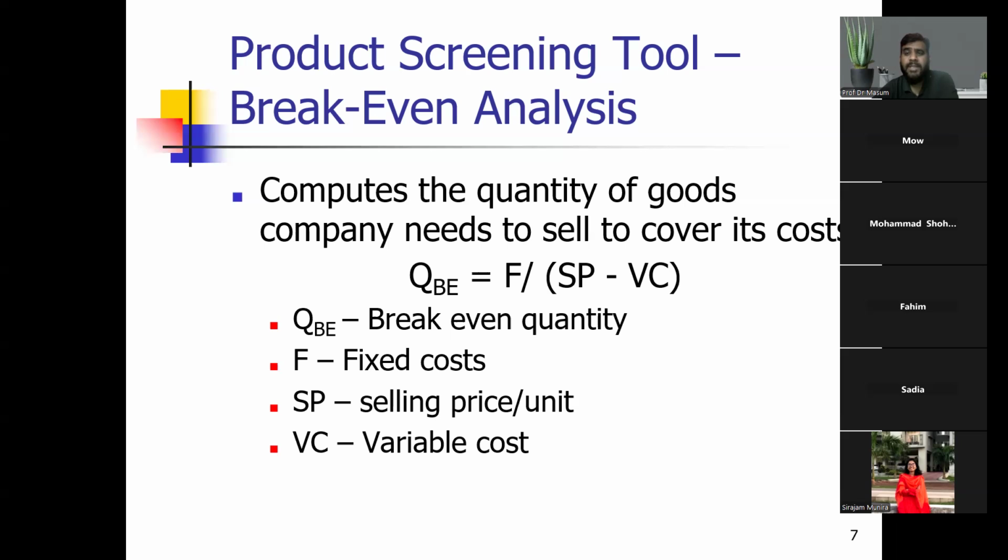When you are screening the ideas, you can use break-even analysis. Or before screening the idea, you can develop the new product idea. What are the sources of new product development ideas?